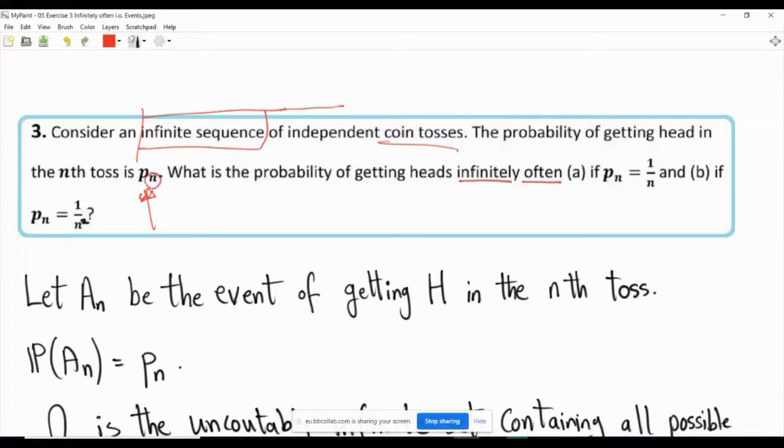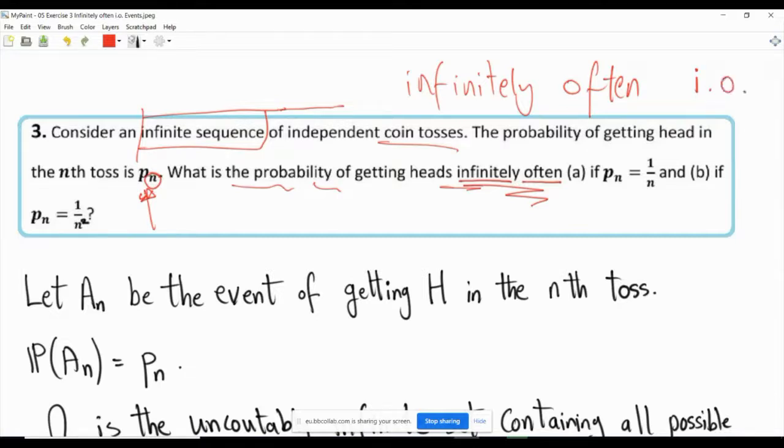But the probability depends on n. Now we ask: what is the probability of getting heads infinitely often, abbreviated as IO?